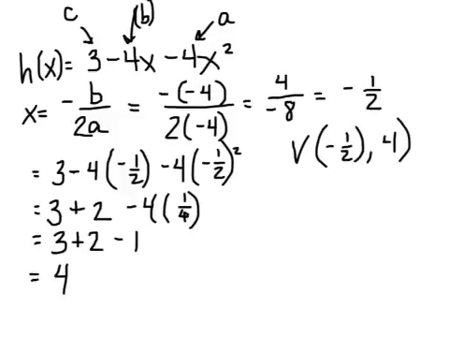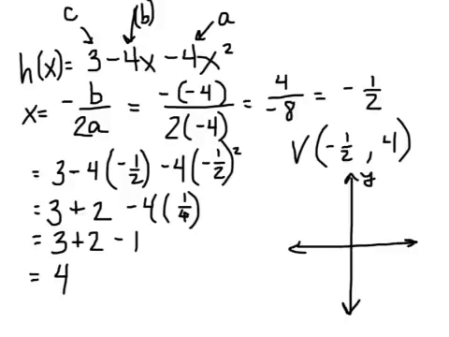Oh, I don't need that parenthesis there. That looks goofy. There we go. So as far as coming up with my graph, I make my axes and I go back 1/2.